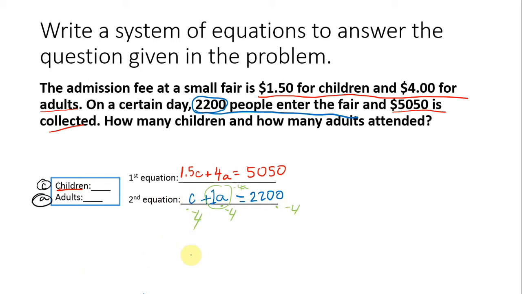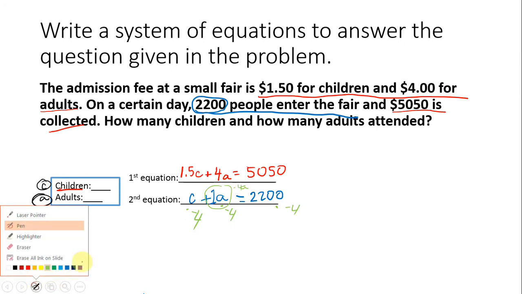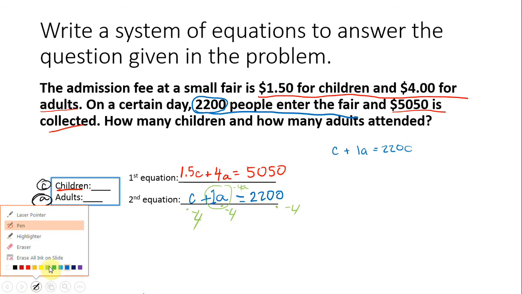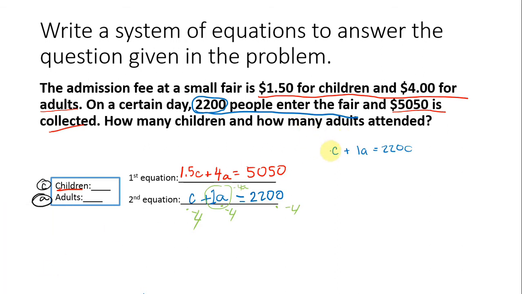So I'll rewrite my blue equation. C plus 1A equals 2,200. And I'm going to multiply every single term, every single side of that equation by negative 4. Now what I'm going to do is just distribute.